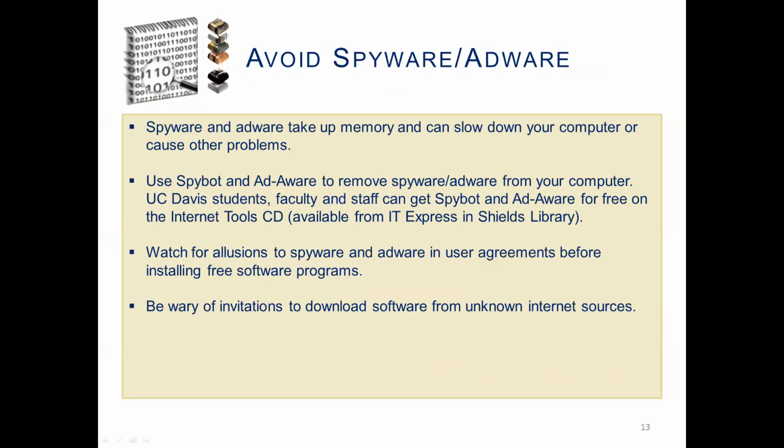Avoid spyware and adware. Spyware and adware take up memory and can slow down your computer or cause other problems. Use Spybot and other anti-spyware tools to remove spyware and adware from your computer.